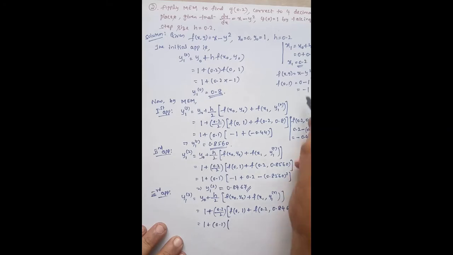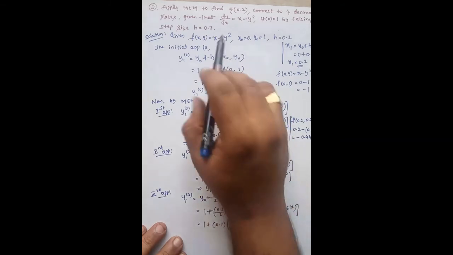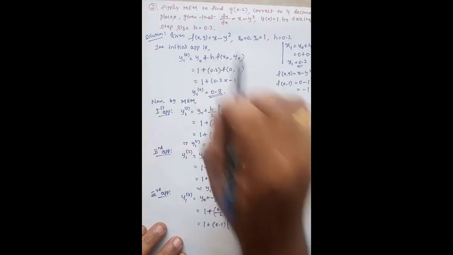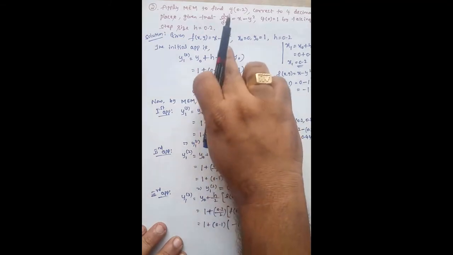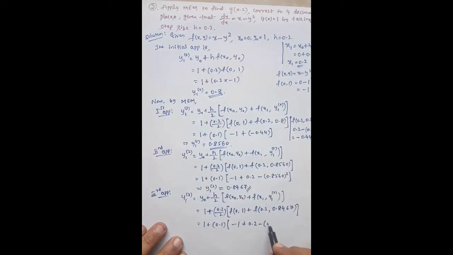f of 0 comma 1 we already did, it is minus 1, plus this one, x is 0.2, y is 0.8467. So let us replace this x and y in the formula. So x means 0.2 minus y square. What is y here? 0.8467 whole square. So I am calculating directly here itself.